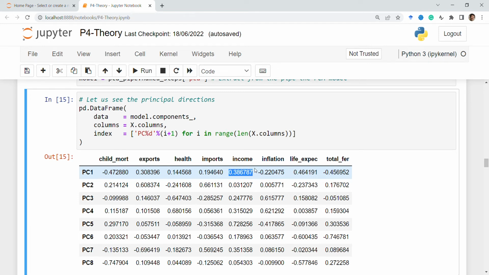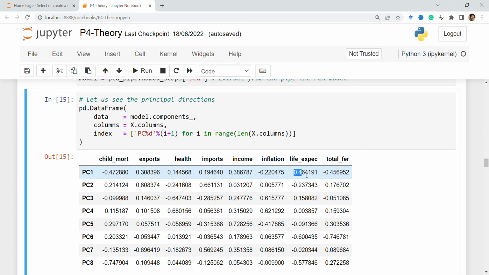Okay, so let us consider two situations, how a country can project a high value in this PC1. Because of the normalization, you have to read this as a value above the average or below the average, because the normalization is subtracting the average from each one of the variables. So how can you project high? To project high, you need a high income, so that your high income is multiplied by a positive value.